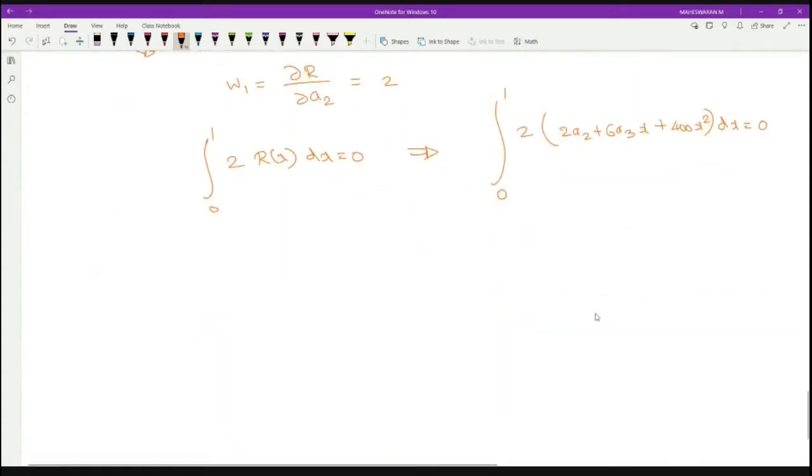So what I can do is, you know that this is a constant. When I bring it on the other side, it becomes 0, which means I will get something like this. Integral 0 to 1 r of x, 2a2 plus 6a3x plus 400 x square dx is equal to 0. Because this 2 goes on the other side, that becomes 0, right?